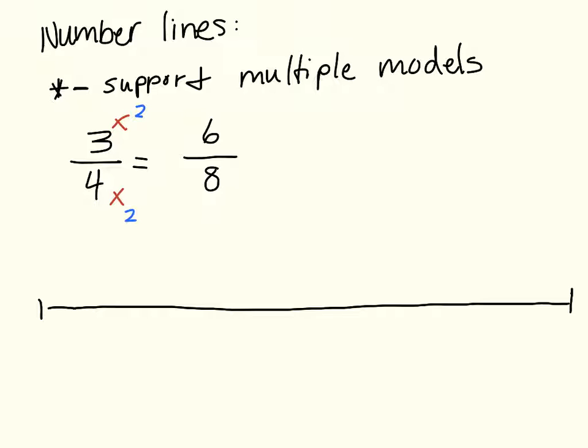I'm going to label my number line 0, and ultimately this is 1. But in this case, I'm going to show fourths. I know that 1 is equal to 4/4. I'm going to make my intervals of fourths.